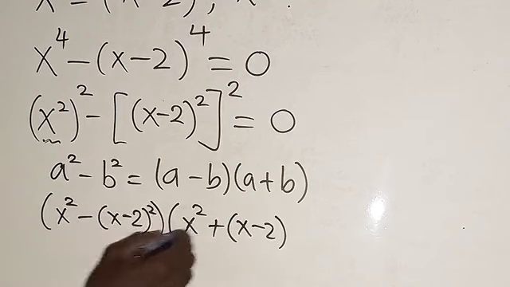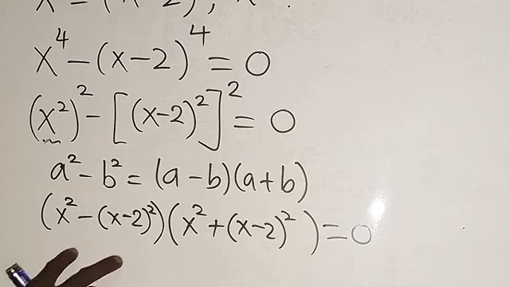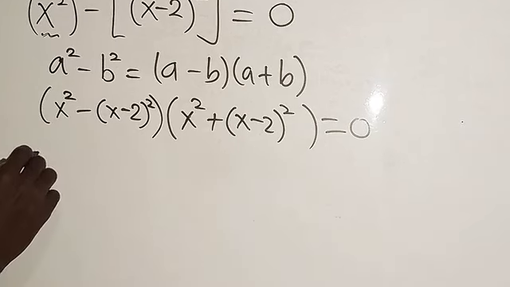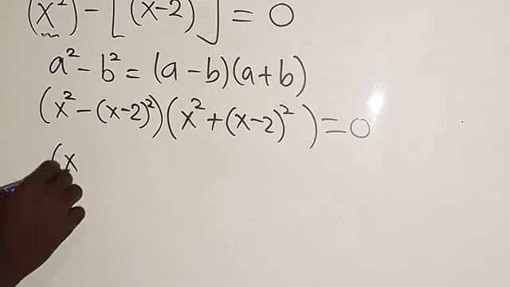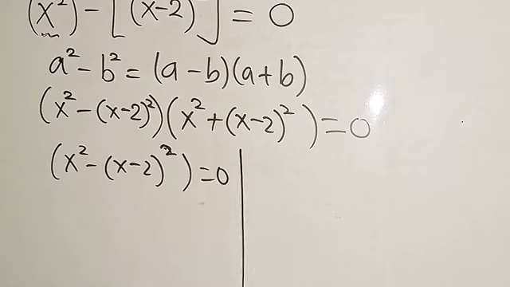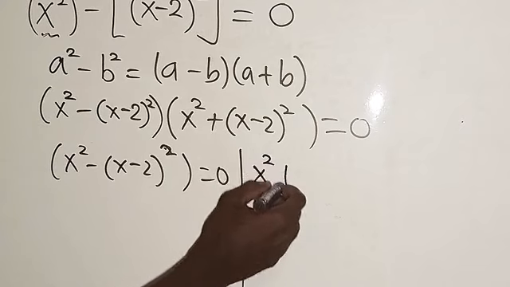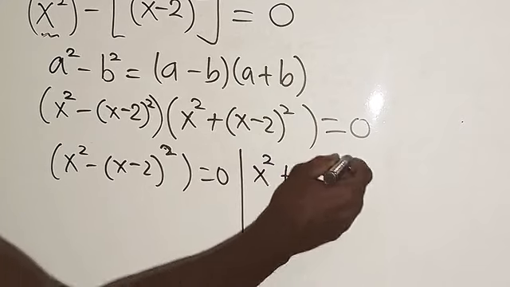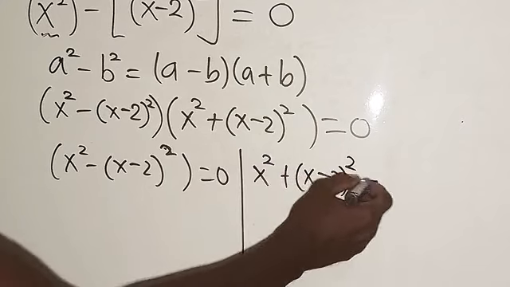So now the next thing we are going to do is we can have this to be x squared minus (x minus 2) all squared, right? This will be equal 0. Or we have x squared plus (x minus 2) all squared equals 0.